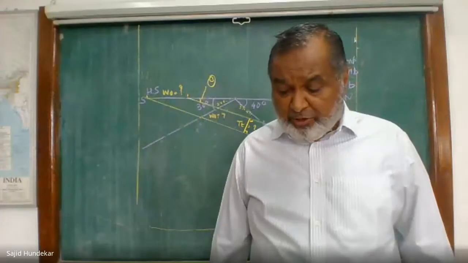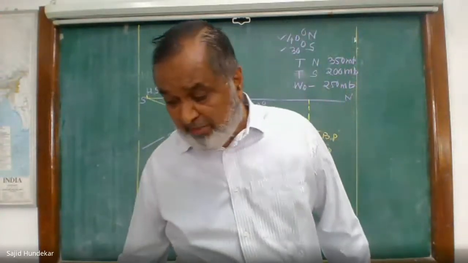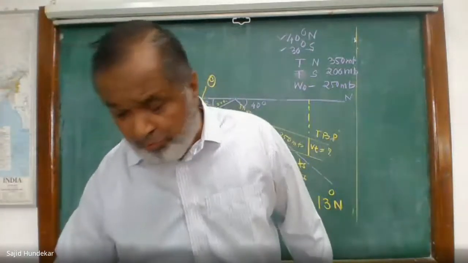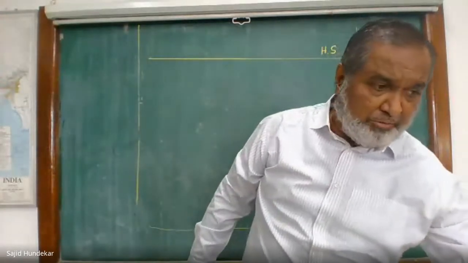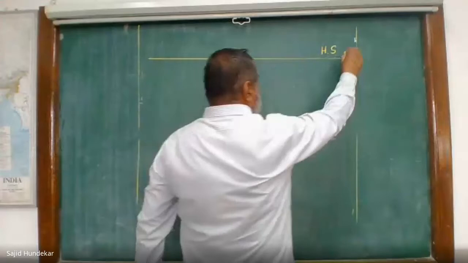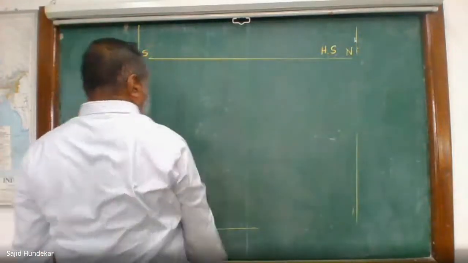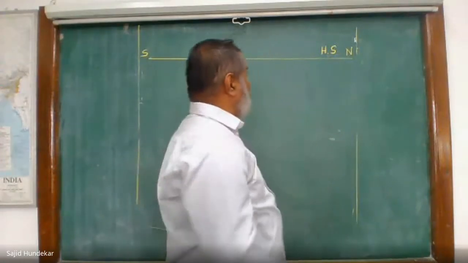Now start yourself, see how much you have understood. Then I'll solve simultaneously. We'll see how much you have understood now. For 20 degrees and 50 degrees south, this is the direction north and this is the south. So towards the north, how much is there? 20 degrees.